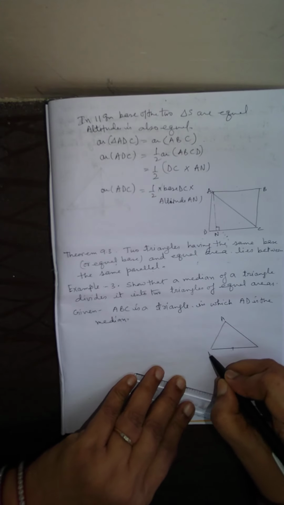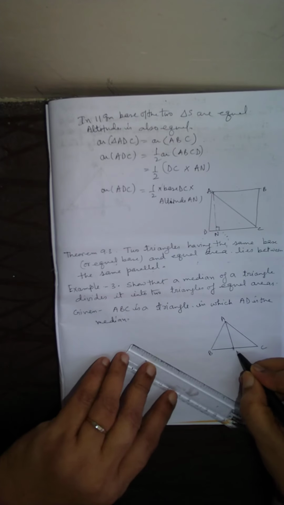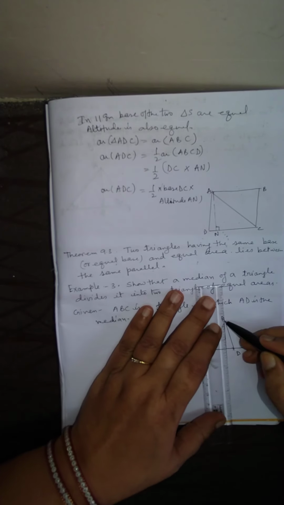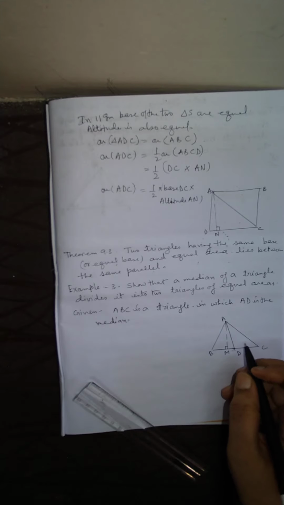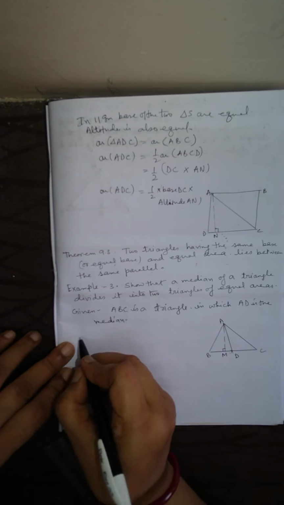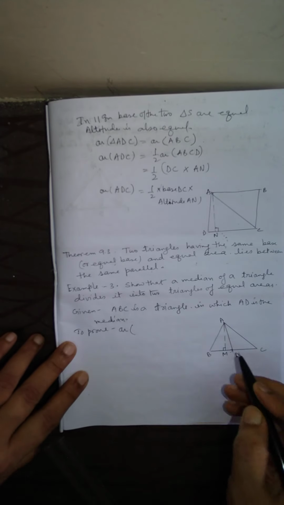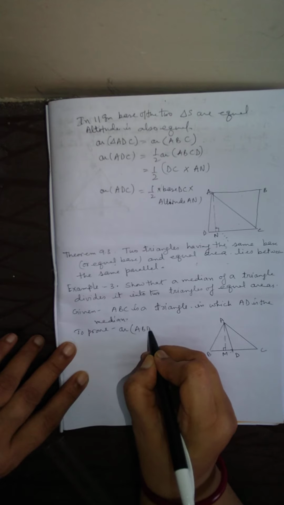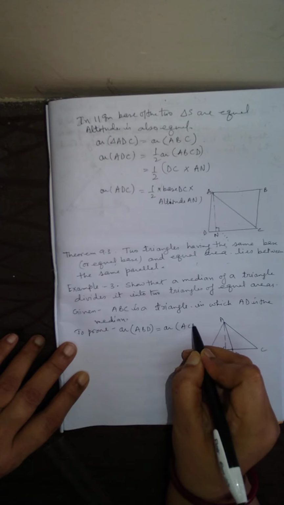This is A, B, C, and AD is the median. Draw the altitude on the side BC, means perpendicular on the side BC. Let it be AM. To prove is area of the triangle ABD equals area of the triangle ACD.